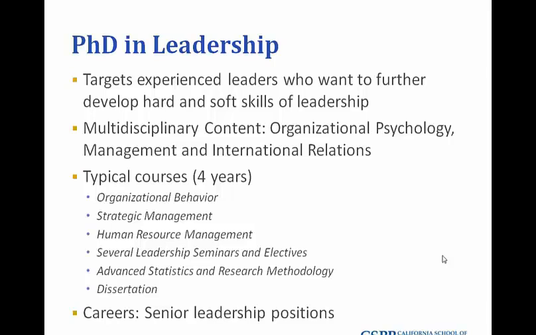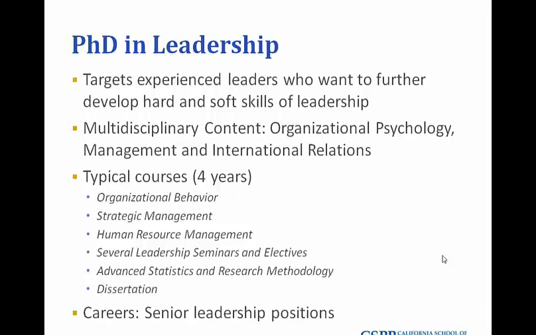The PhD in Leadership targets people who are typically already very experienced leaders, and these people want to further develop their hard and soft skills of leadership. They want to graduate with the PhD, but at the same time still maintain or enhance their careers as senior leaders within their organizations.